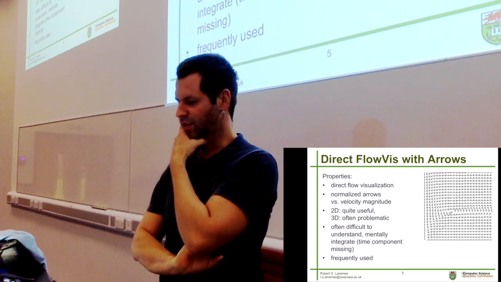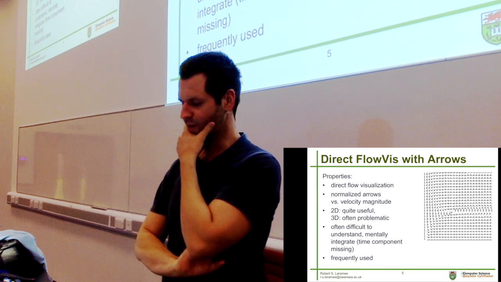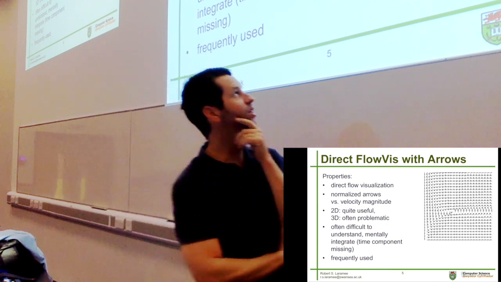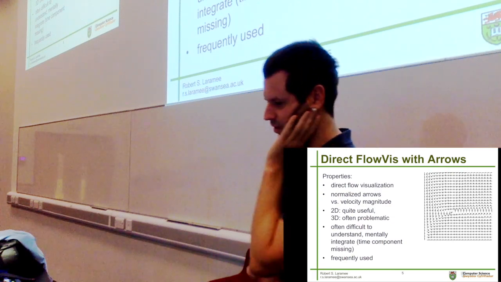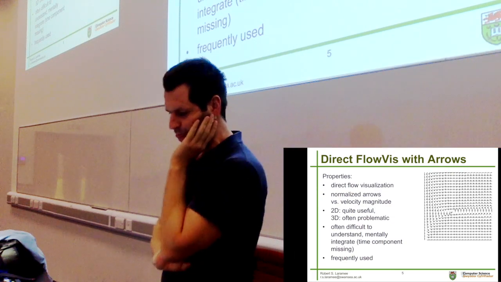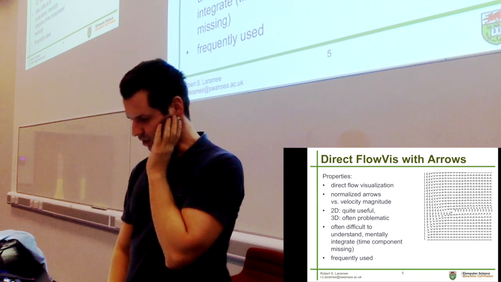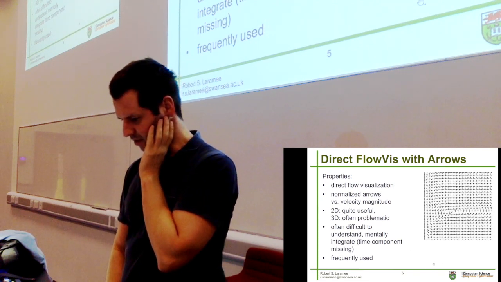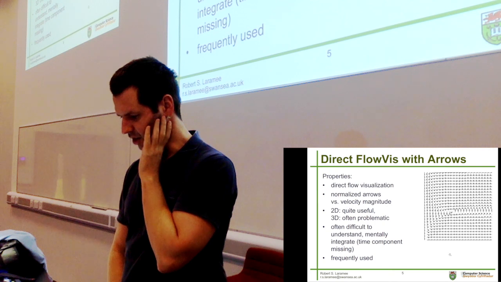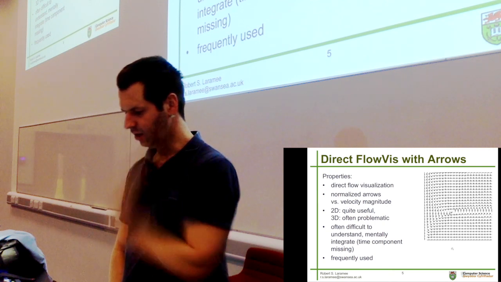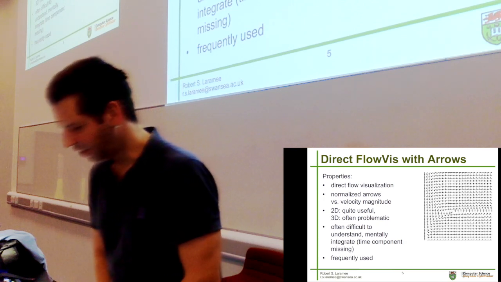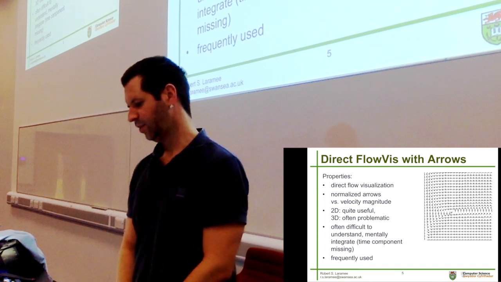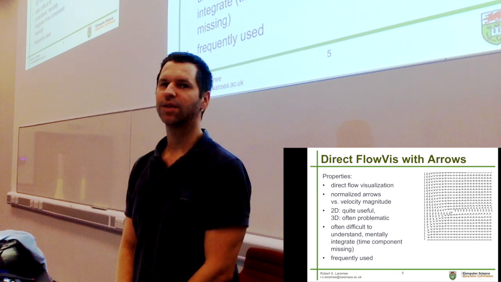In 2 dimensions, this is a 2-dimensional steady-state flow. It's a useful technique. And in 3D, it gets to be more non-trivial. This is a little bit difficult to understand in a cognitive sense, and it's very frequently used. Anybody know why this is a little bit difficult to understand just by looking at it?